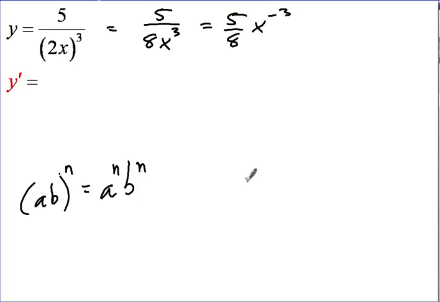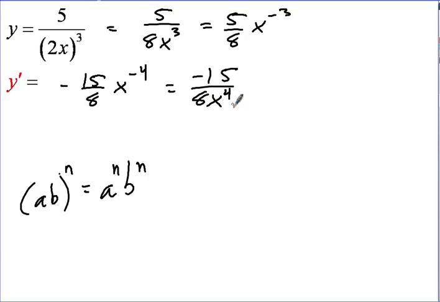Okay, so then what's the derivative? y prime would equal negative 15 over 8x to the fourth. And if I want to put that x on the bottom, I can, like that if I want to.